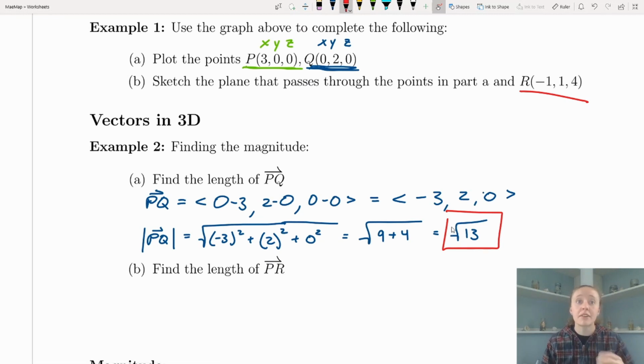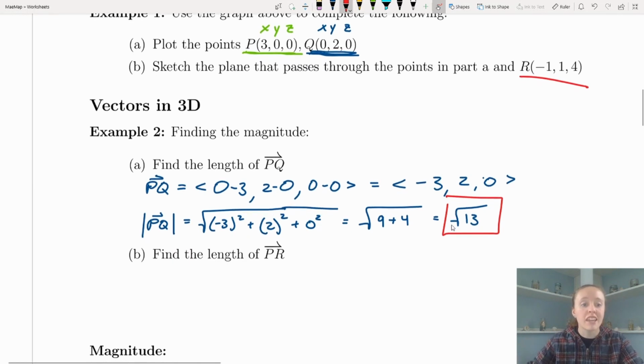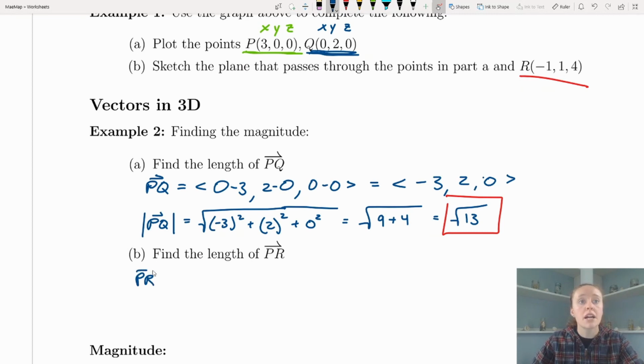But now let's see how it comes into play when we have a vector that does not fall in that xy plane. So the length of vector PR. Well, first, let's solve for that vector. PR, remember, head minus tail. So we're going to take the components of R and subtract those components of P. So the first component of R is -1, so we'll have -1 minus 3.